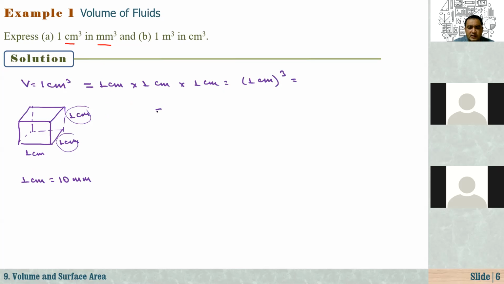Now instead of 1 cm, if I substitute 10 millimeters, we have 10 mm cube. What is 10 cube? 10 cube is equal to 10 times 10 times 10, that's equal to 1000. And millimeter cube is just mm cube.